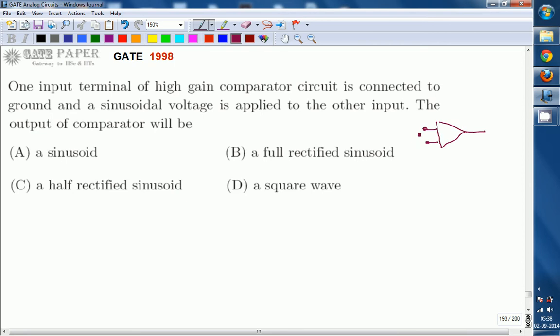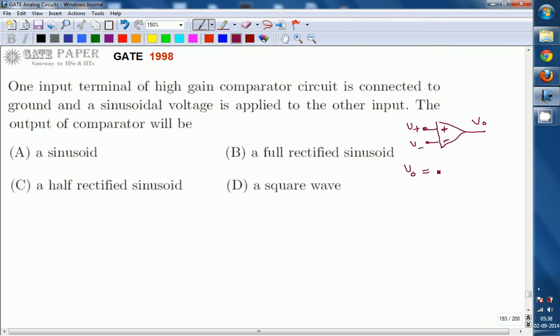For example, this is the inverting terminal, this is the non-inverting terminal of an op amp, and the output may be at plus VCC or minus VCC based on the inputs present across these. So this is V0, V plus is the voltage at the non-inverting terminal, and V minus is the voltage at the inverting terminal.